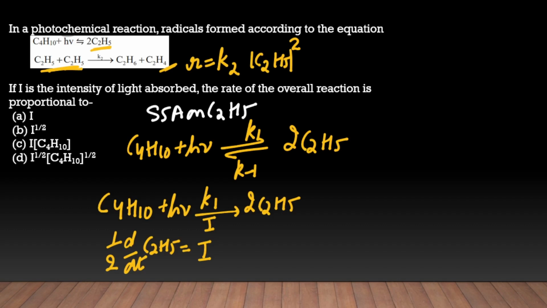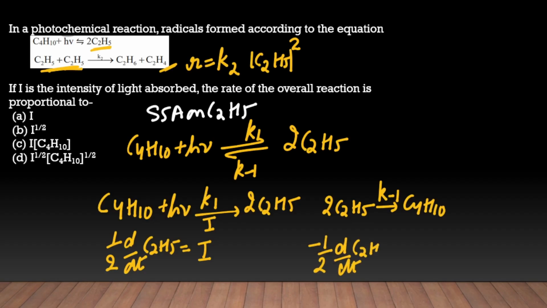Now in the second equation, C2H5 gives us C4H10 with rate constant K inverse. So minus 1 by 2 d by dt of [C2H5] is equal to K inverse times [C2H5] whole square. This is what we will be getting.